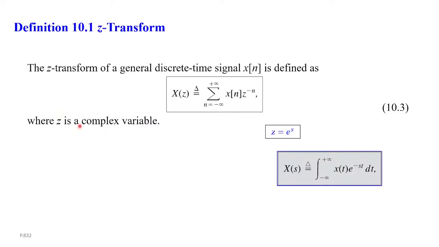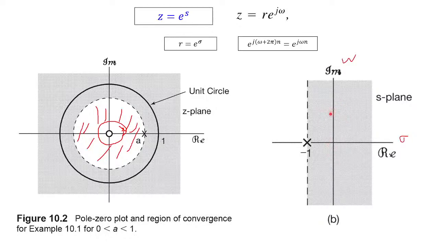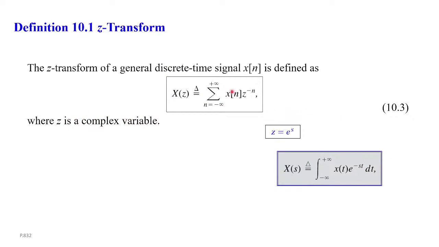And so z is also a complex value because s is a complex value, and exponentiation of s is also a complex value. But the good thing about this is we are taking the periodic property of s into account. So because x is discrete, if you transform on the s-plane, you're going to be periodic in imaginary 2π because, as we said, whenever x of n is discrete, you always have a 2π period in omega.